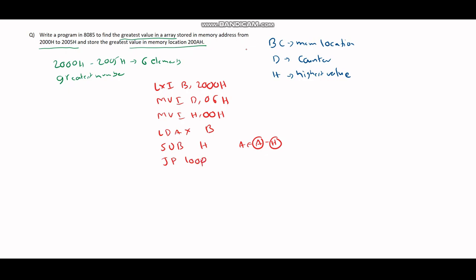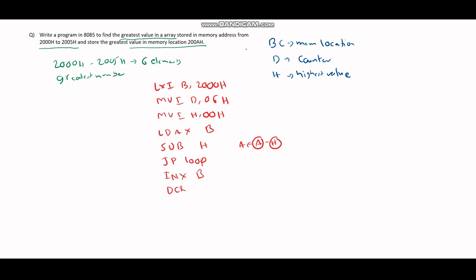Let's first complete the part where we find out that the new number is actually lower than the greatest number that we already have. What happens now is we need to increase our memory address. INX B will take this BC pair value from 2000 to 2001.